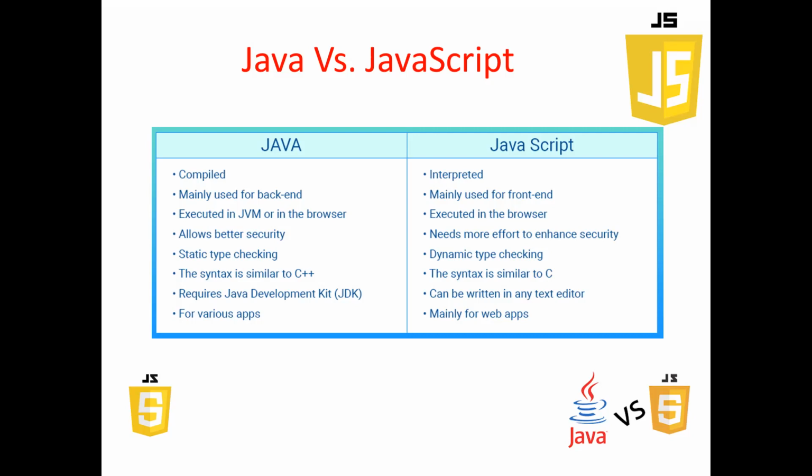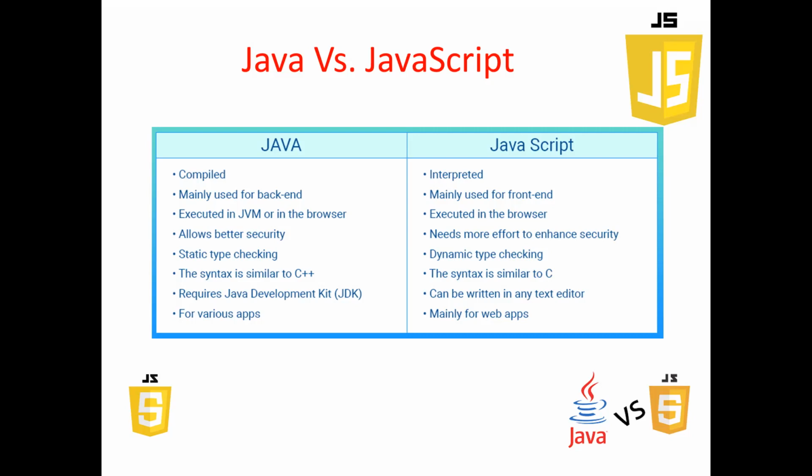So you can use JavaScript for that. Java is executed in the Java virtual machine, but JavaScript you can easily execute in any browser, like Google Chrome or something like that.